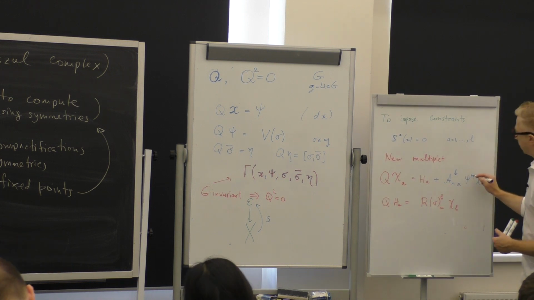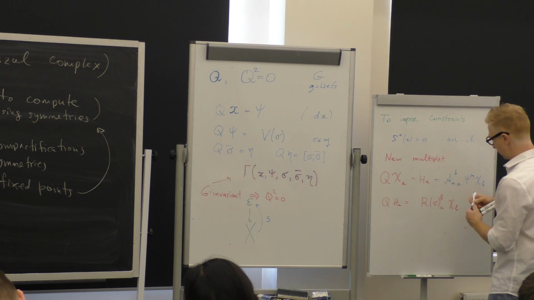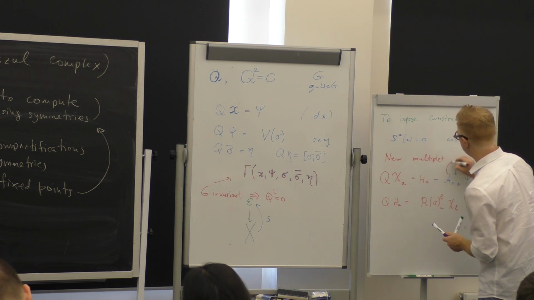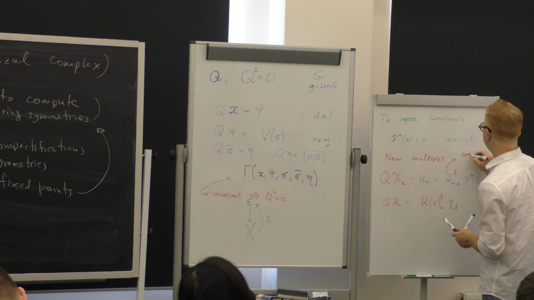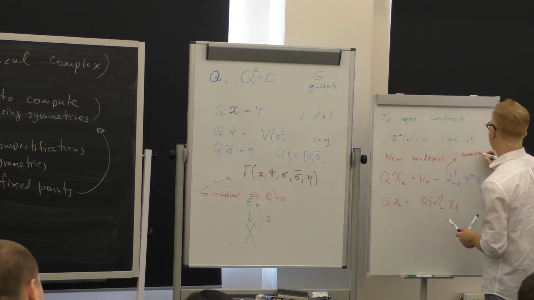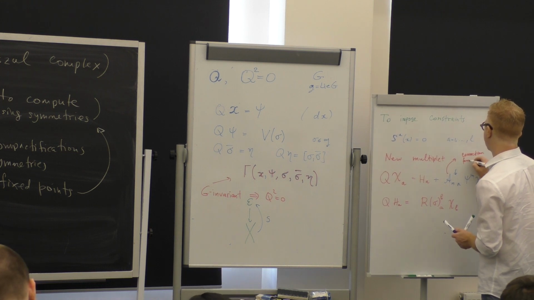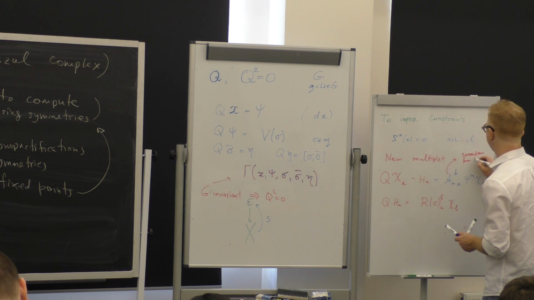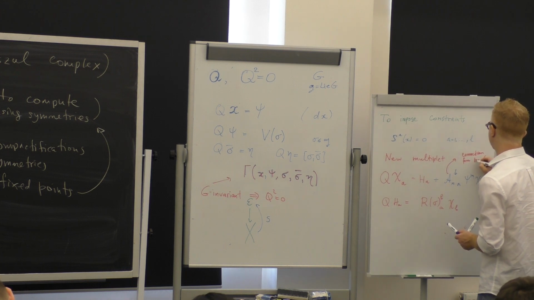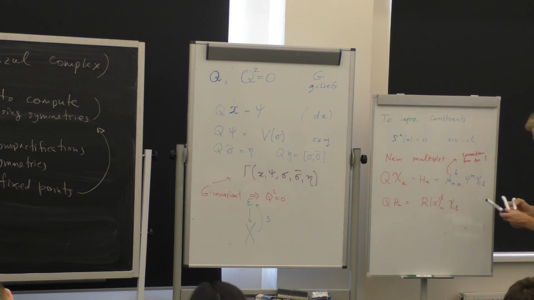So here A is a connection form for this vector bundle with some choice of a connection.